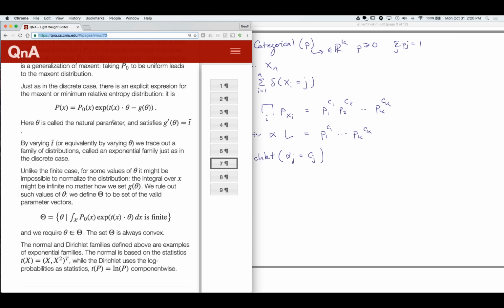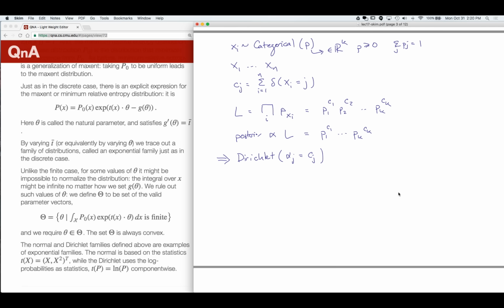And suppose we have p0 of x proportional to 1 over x squared, and x is allowed to be in 0 to infinity, meaning R plus.